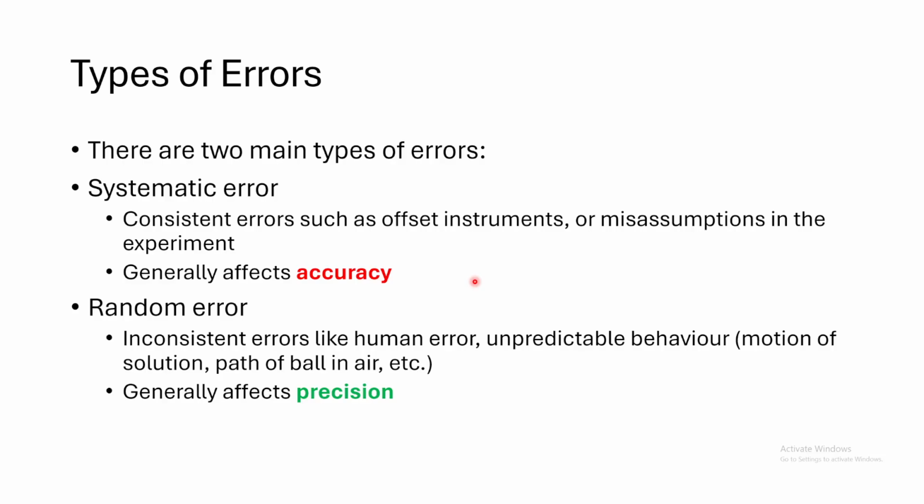And these generally affect precision, because since these errors are always going to be different each time, they're going to spread the hits off of the target, or wherever they were all hitting. It's going to spread them off in random amounts.